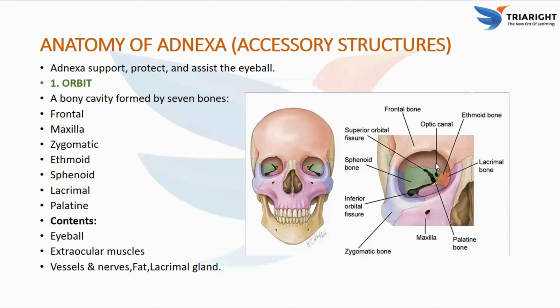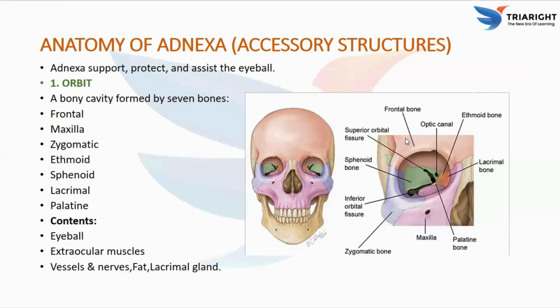And then sphenoid bone. It forms the back wall of the orbit. It contains the optic canal, which is the passage for the optic nerve, the second cranial nerve. And at last, you can find the palatine bone, a small portion at the back part of the orbital floor. The optic canal carries the optic nerve and also the ophthalmic artery.